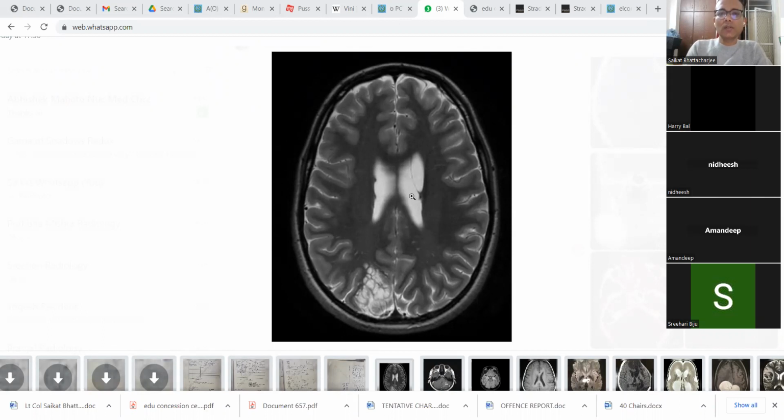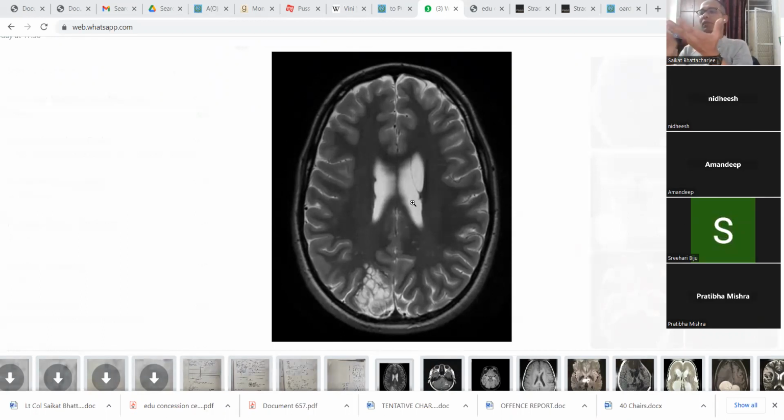T2 curvilinear, T2 hyperintense, hypointense septum. There is a septum. So then this can be an arachnoid cyst also. I mean, a cyst within the ventricles, intraventricular arachnoid cyst. Maybe because of some kind of inflammation, there might have been a septum which developed within the ventricle.